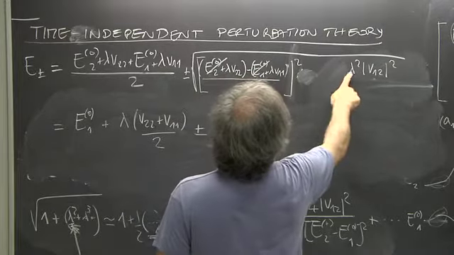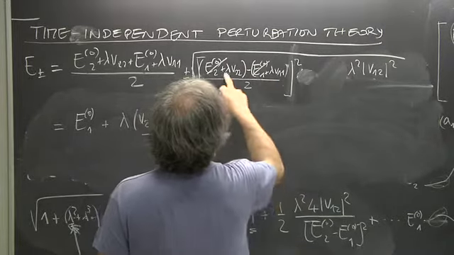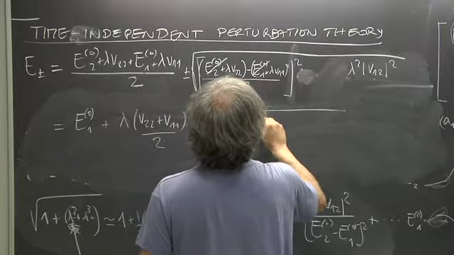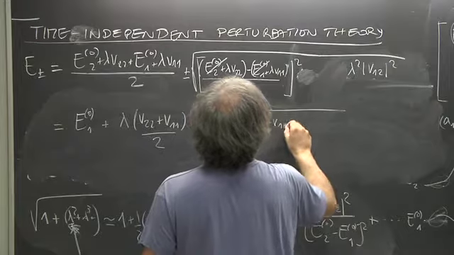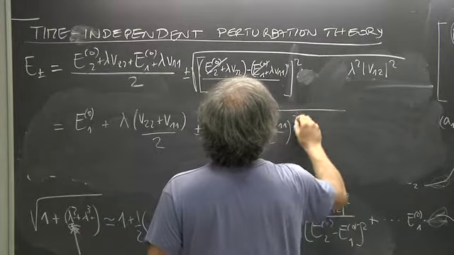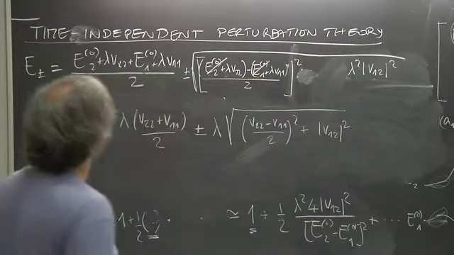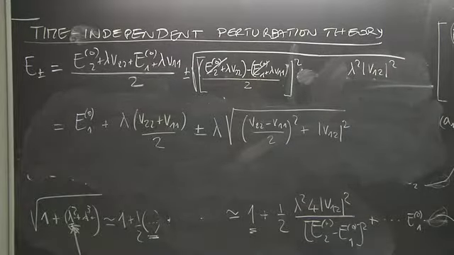So I can take lambda out. So this is lambda times the square root of ((V22 minus V11) over 2) squared plus V12 squared. Okay? So this is still exact now. I haven't expanded anything. And you see that there is no need to expand anything.